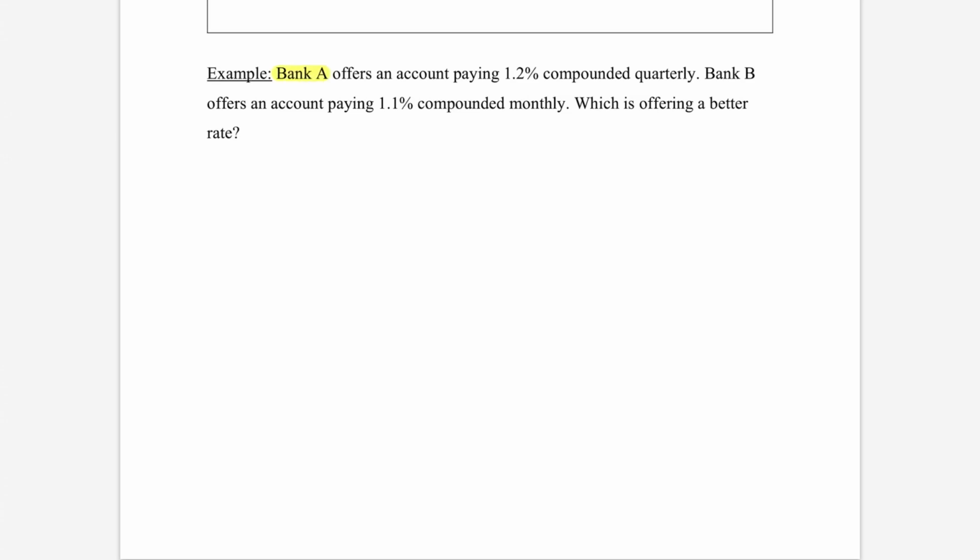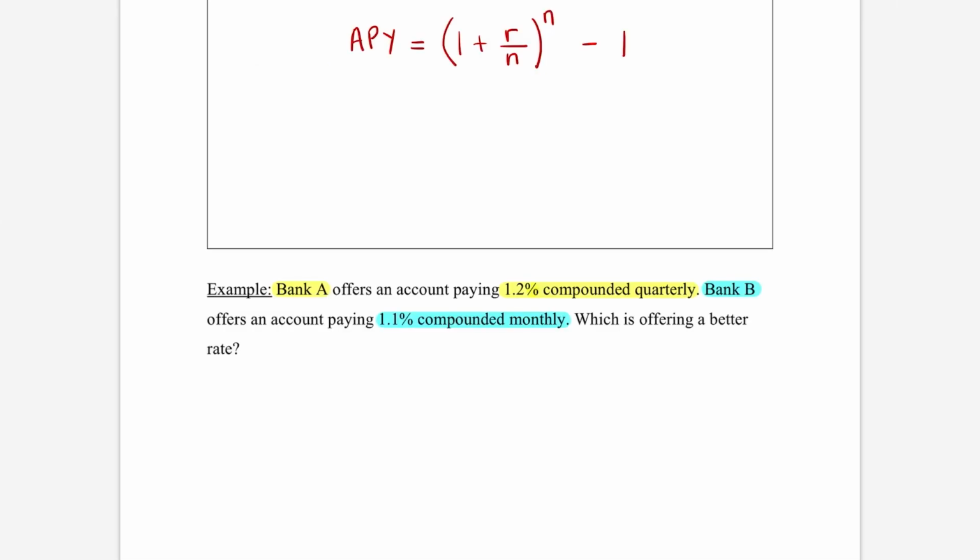Bank A offers 1.2% compounded quarterly. And then Bank B offers the account paying 1.1% compounded monthly. And we want to see which one is better. In order to do so, I am going to calculate the APY for each bank and then compare to see which one offers a better rate.